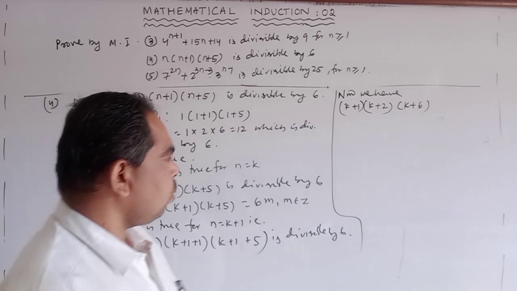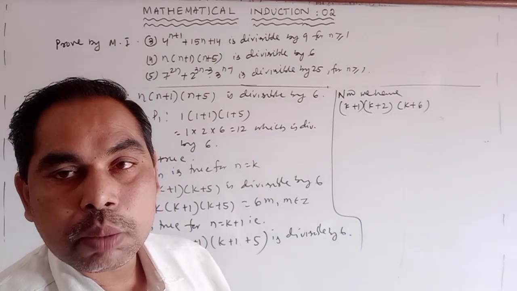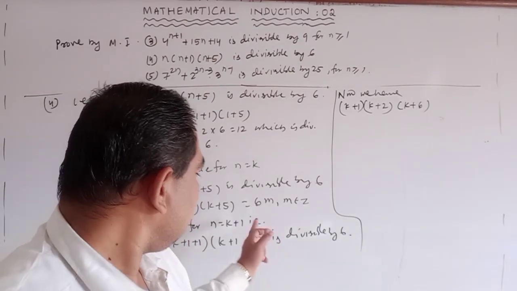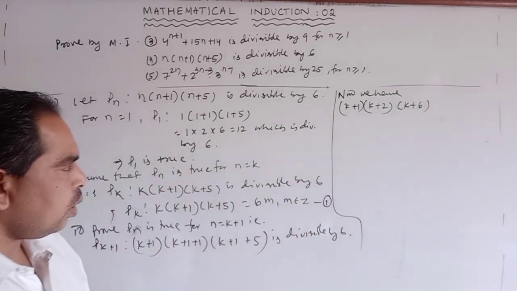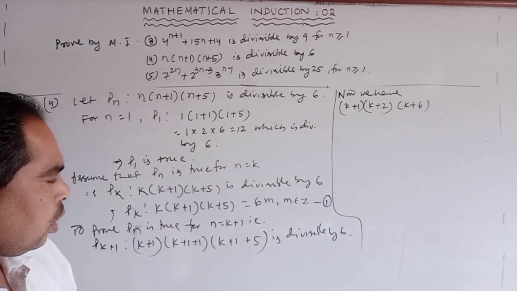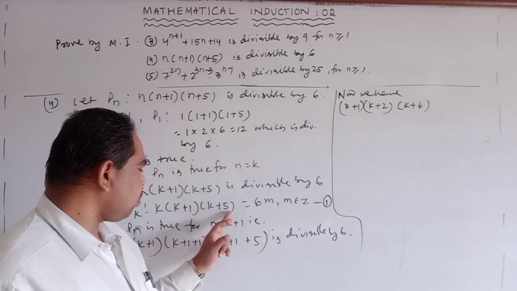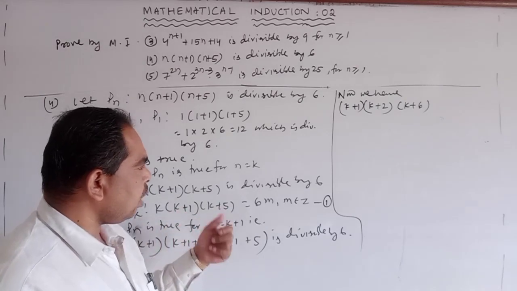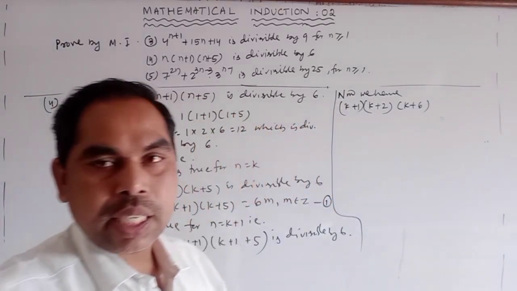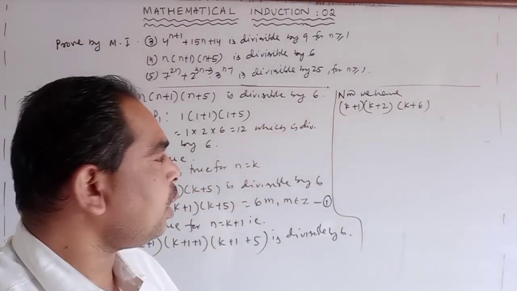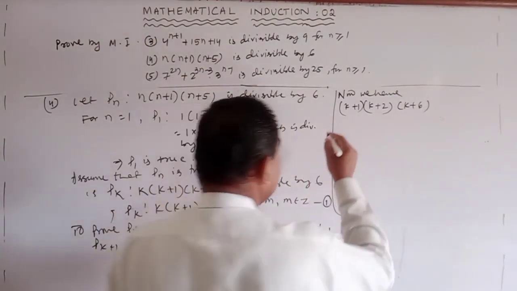We need to show that k plus 1 into k plus 2 into k plus 6 is divisible by 6 using equation 1. So k into k plus 1 into k plus 5 is divisible by 6.